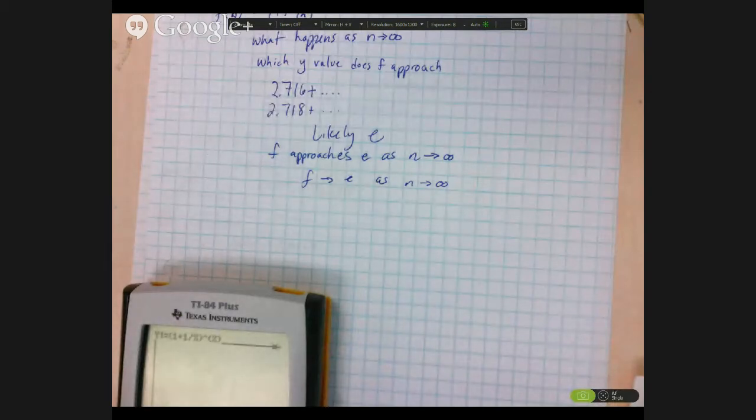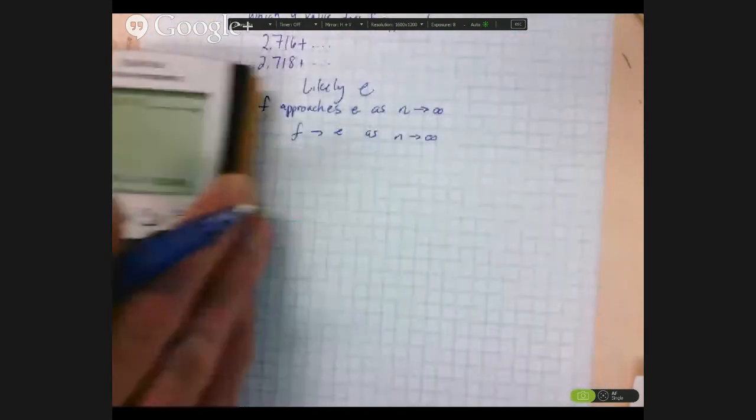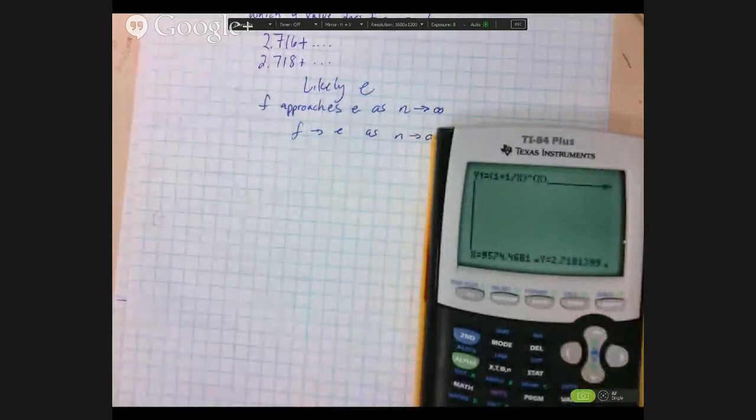Now, that's just an educated guess. We can't guarantee it. Algebraically, we could, but you just have to experiment with graphing. Basically what you're doing here is verifying answers after you've got an answer, okay?